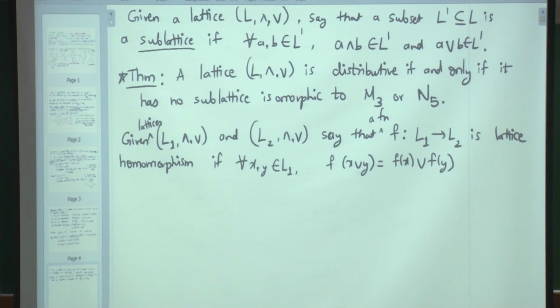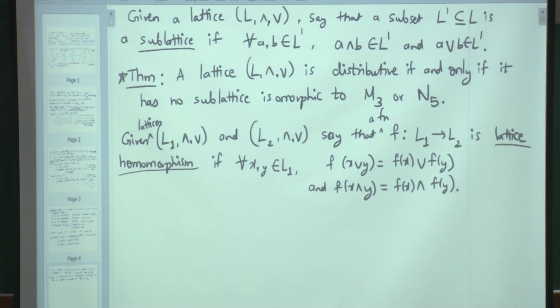See, this is the join in L1, the right hand side join is in L2, and f of x meet y is equal to f of x meet f of y. Okay, so it is a lattice homomorphism. That is what we are defining.